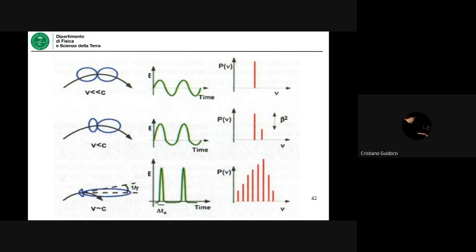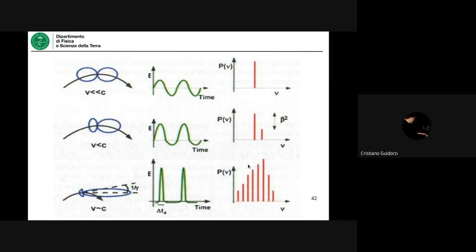So the most important effects when you move from cyclotron radiation to synchrotron radiation are two. One, the spectrum moves from a discrete spectrum to an essentially continuous spectrum. And the second effect, most of the power is no longer emitted at the cyclotron frequency. Here, the peak of the power, and so most of the power, will be emitted around the critical frequency.